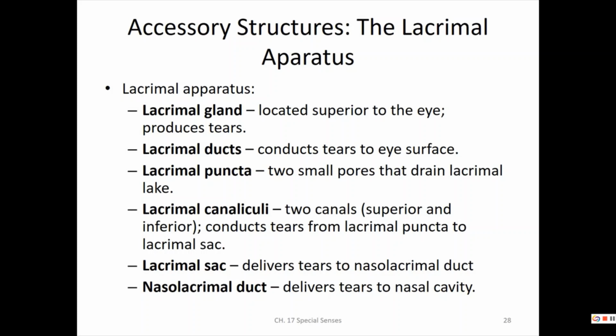The two canals, the superior canaliculus and inferior canaliculus, take the tears from the puncta and they go to the lacrimal sac. And the lacrimal sac then is the soft tissue that takes the tears into the nasolacrimal duct, and the nasolacrimal duct takes tears to the nasal cavity. And that's why you have to blow your nose when you cry.